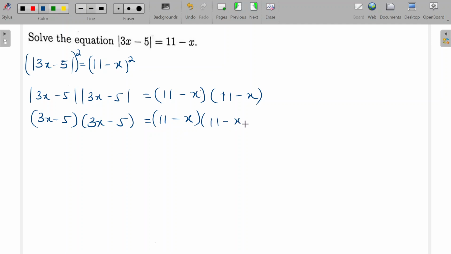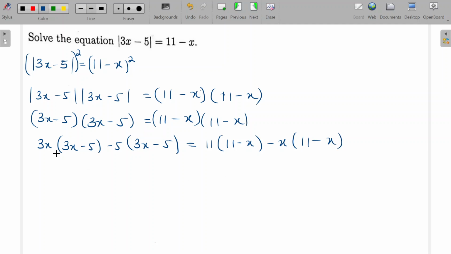Again, 11 minus x. When you reach this part, you multiply 3x times everything here, which is 3x minus 5, and then the 5 as well. 3x times 3x gives you 9x squared. 3x times negative 5 gives you negative 15x.